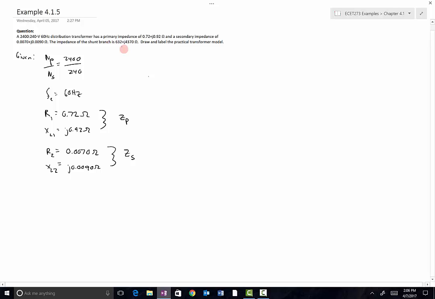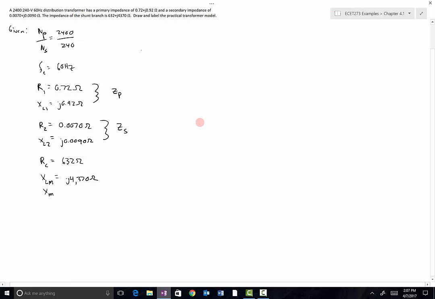Those are called the core loss resistance, given the symbol RC, and the inductive magnetizing reactance, given the symbol XLM. Some books just call it XM, and that's j4370 ohms. So those are the properties we have to take into account when dealing with a practical transformer.